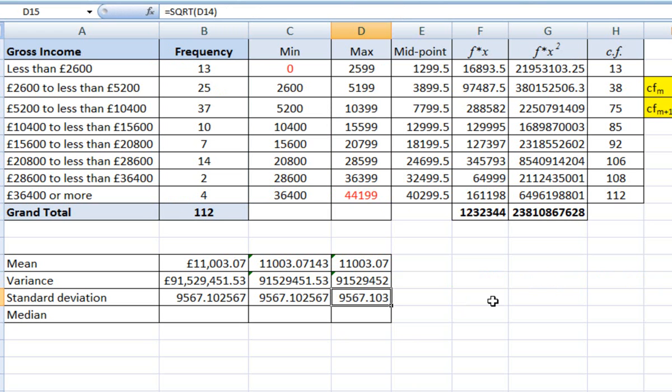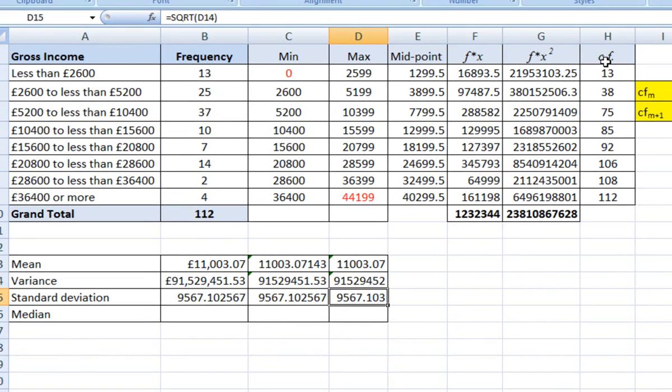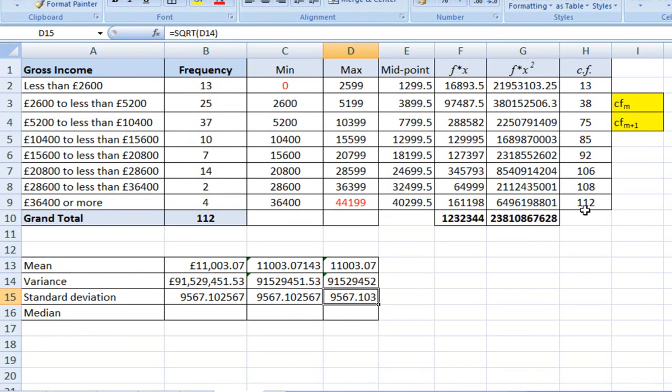Let's move on to the median. Now for the median, we need to have the cumulative frequencies. So we've calculated the cumulative frequencies, and what we notice here, because the sample size is 112, the midpoint will be halfway, that's 56, which is in this category here, because this is 38, so we haven't reached 56.